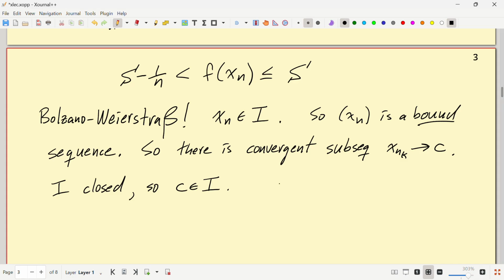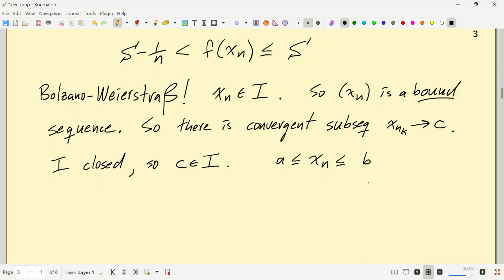I guess let's see, why is that? We have a is less than or equal to x_n is less than or equal to b. And so when you take the limit, by the squeeze theorem, you'd have that a is less than or equal to the limit, which is less than or equal to b.